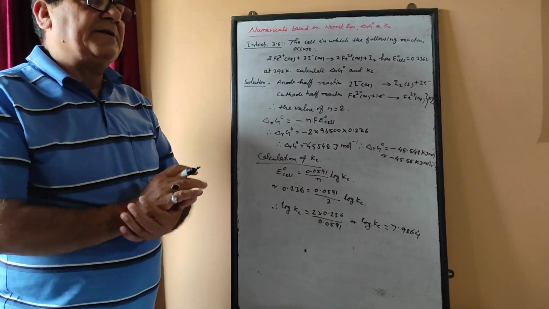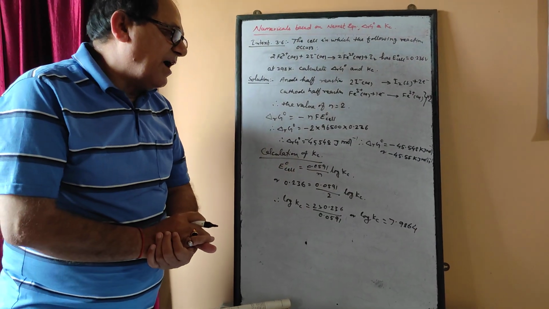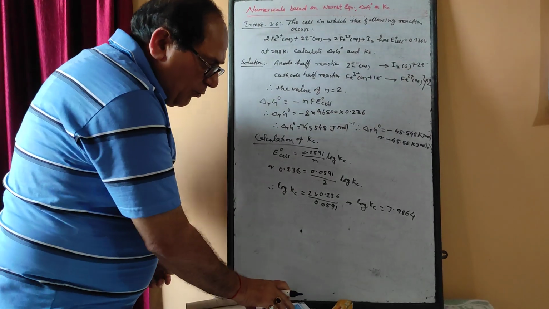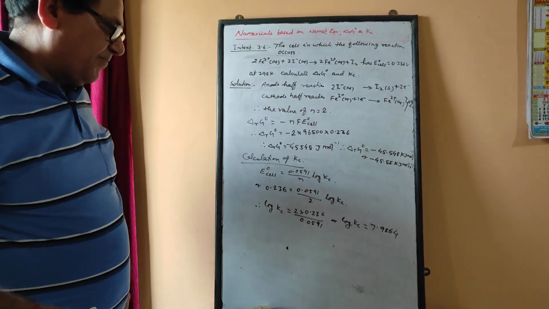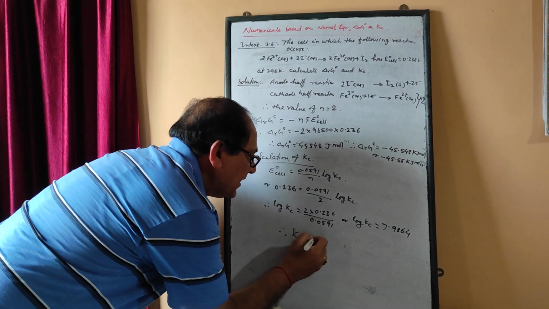Please focus here. I have taken 4 digits after the decimal. There is also a point why you are taking 4 digits, for accuracy. Now therefore, Kc is equal to what?